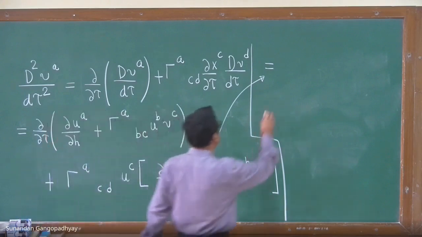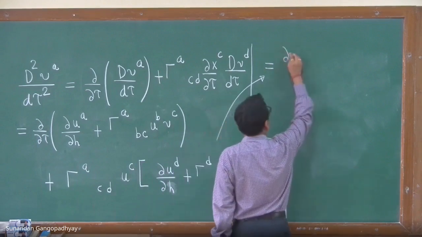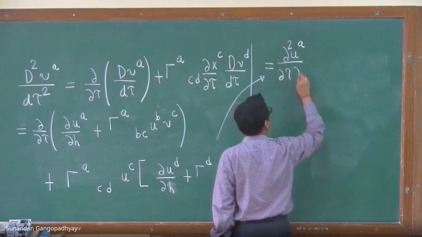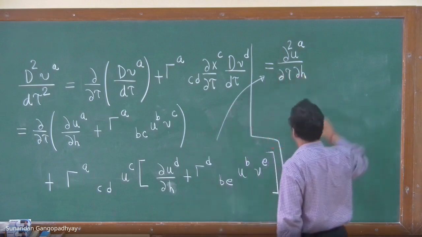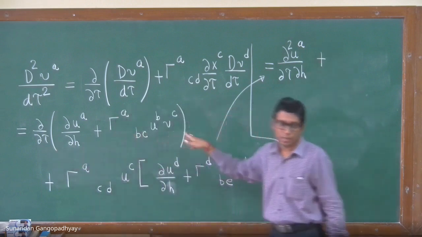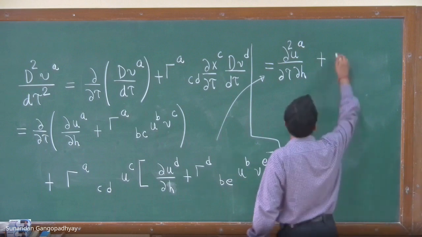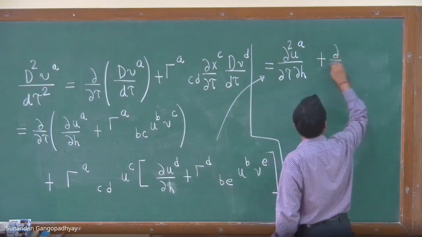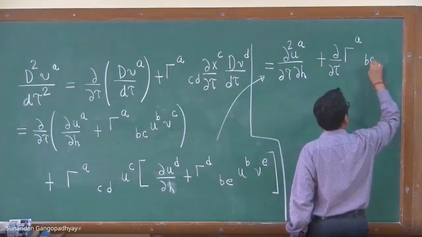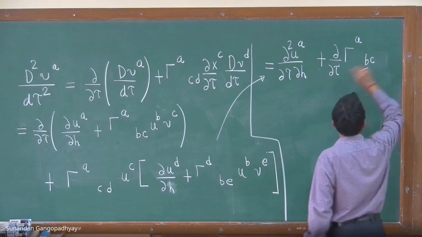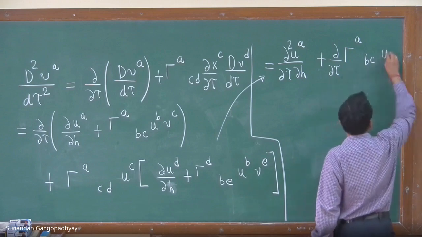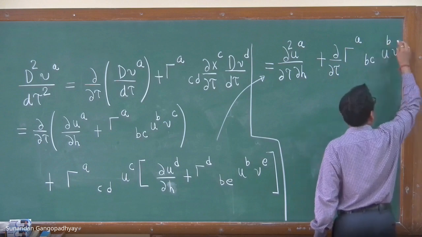So what one has to do is del tau del h plus, now this del tau will act on three terms here. So you get three terms from here. So this will be del tau of gamma^A_BC. So this is one term. This derivative just acts on this Christoffel symbol multiplied by U^B V^C.